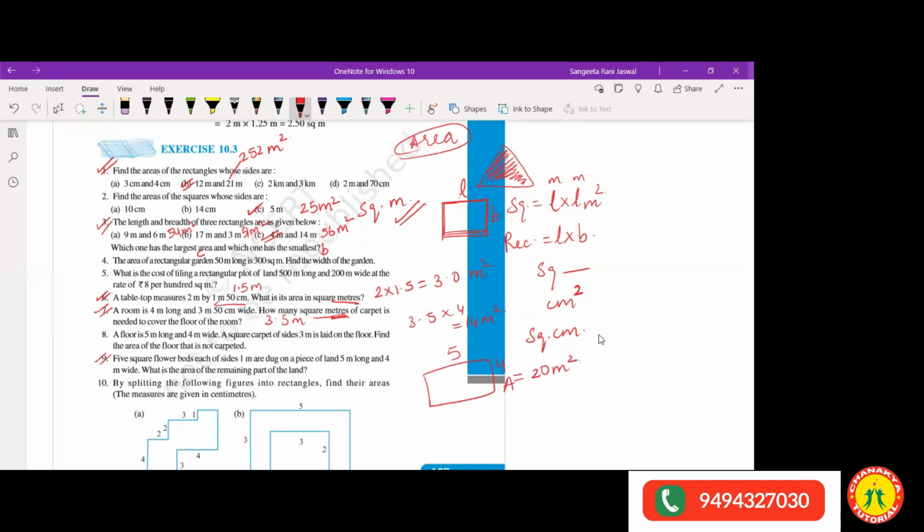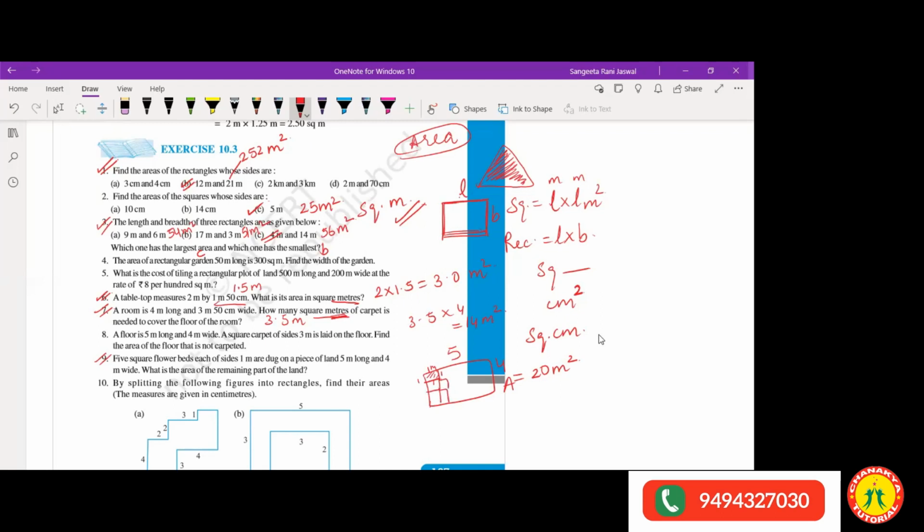Now it's saying 5 flower beds, each of size 1 meter, square beds. Suppose this is 1 meter, and 5 such square flower beds are dug. So one is here, then second, then third, fourth, and this is fifth.